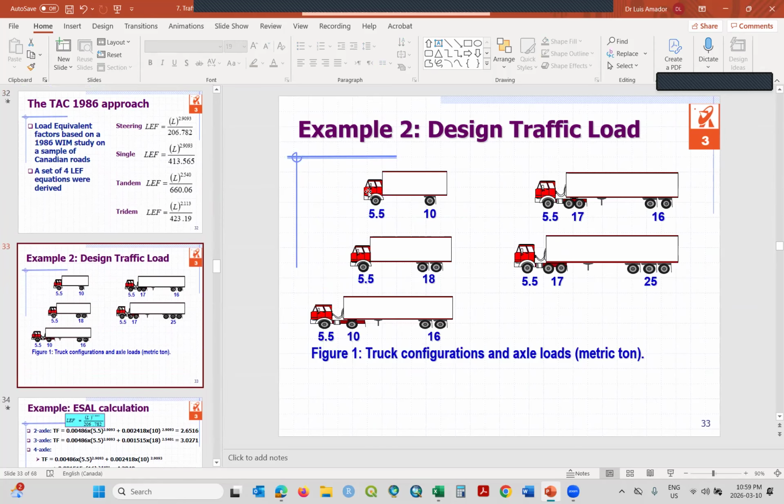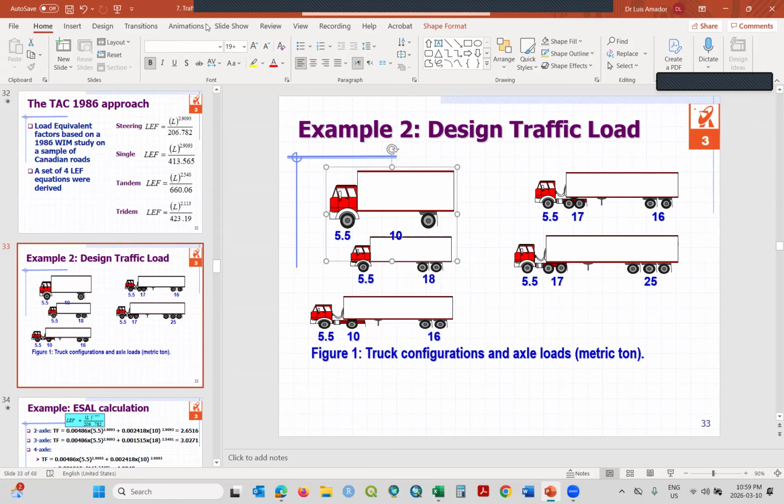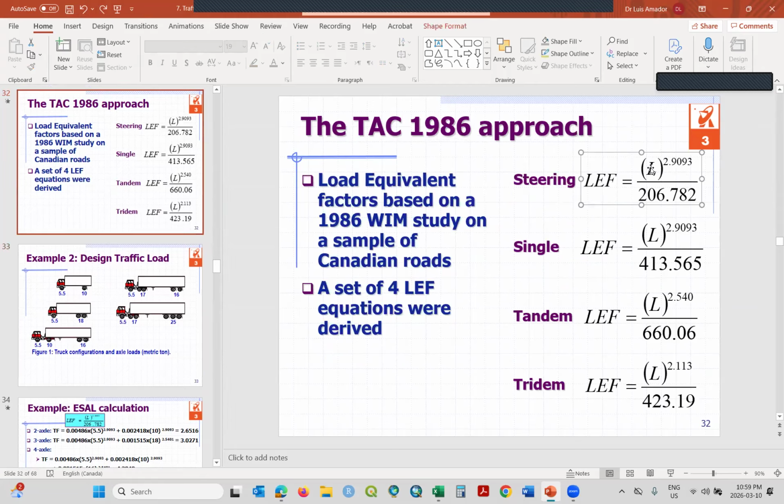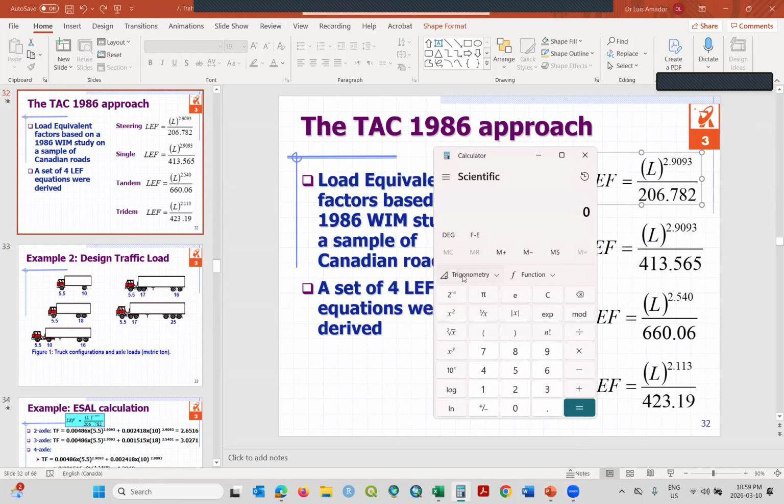So in this case of this truck that we have here, 5.5 will go here in my steering wheel equation. So you will have 5.5 to the power of 2.9093 divided by 206.782.